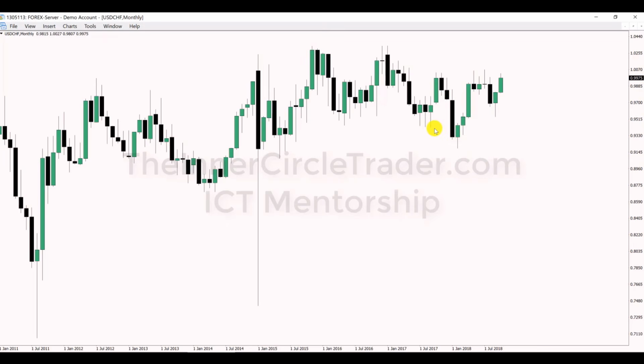The market will look to expand to a buy side liquidity, or in other words a liquidity pool above old highs. So we would be looking for, in September and going forward, a rally of some sort around that 95.45 to 95.50 level. So that's our rough idea.